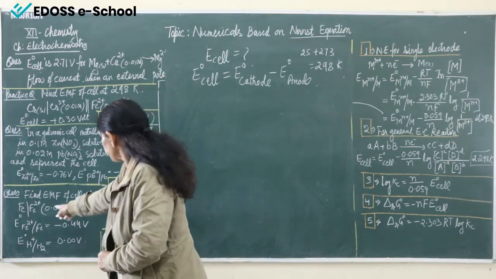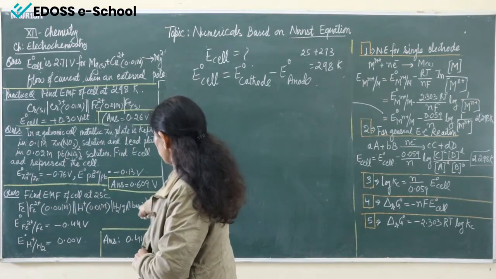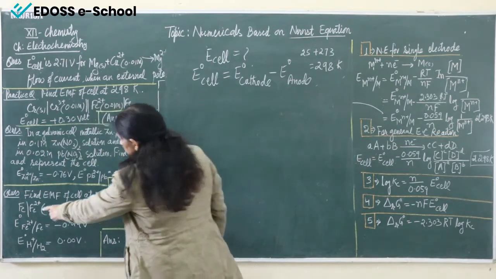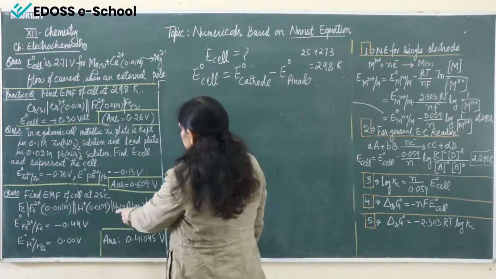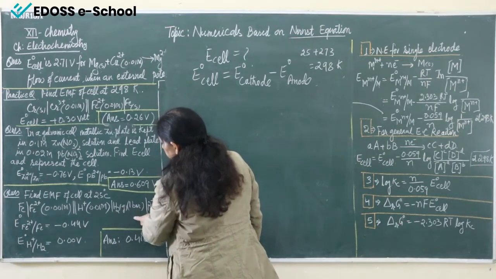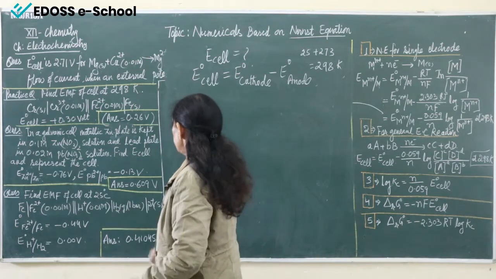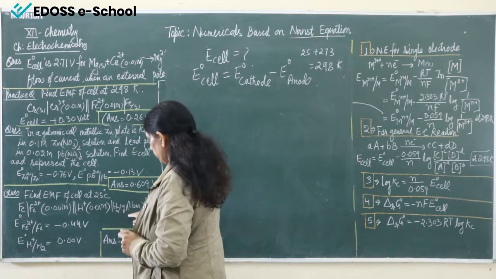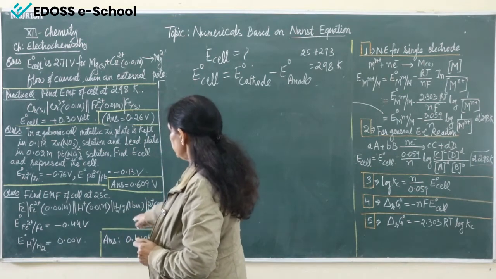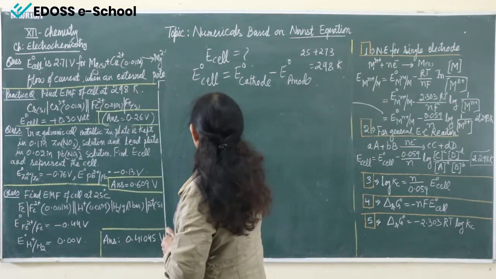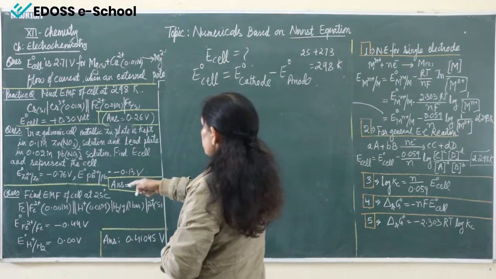Now see here in this question, iron Fe is given to you and another one is hydrogen. Okay, so one of the electrodes is hydrogen and another electrode is iron. Fe is given here.